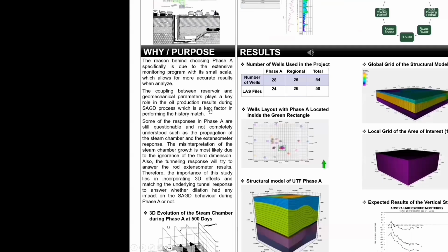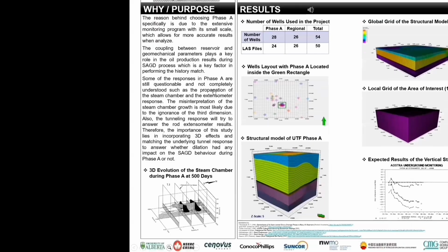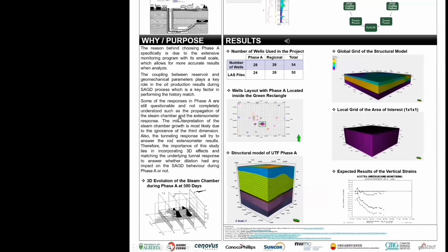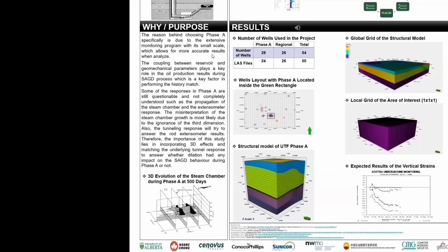So now for the next section, which is the purpose, the motivation of the project. So first of all, going back to the question of why Phase A specifically. The reason behind that is that Phase A has an extensive monitoring program data, and the small size and shallow reservoir that it has will clearly help us in having more accurate results by building a very high resolution model.